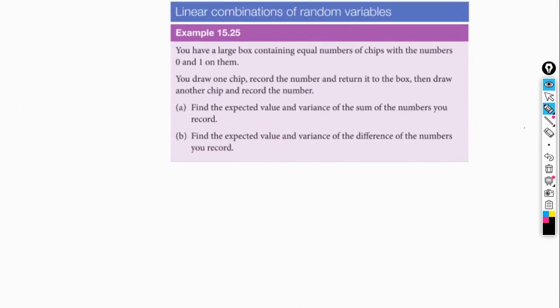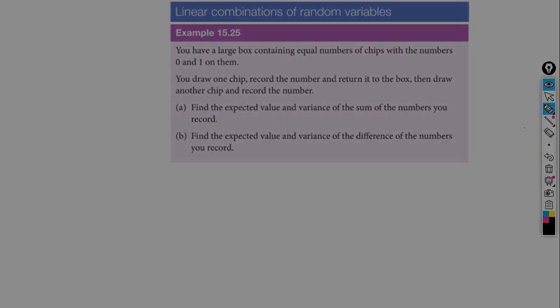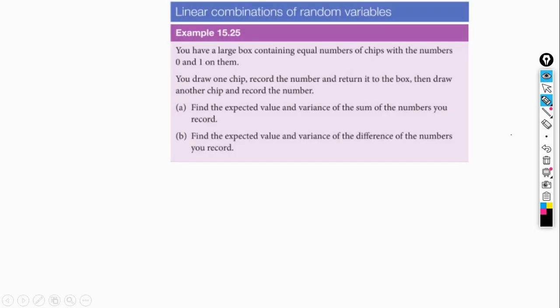So we continue with linear combinations of random variables, and we're going to take a look at example 15.25. And it says, you have a large box containing equal numbers of chips with the numbers 0 and 1 on them. You draw one chip, record the number, and return it to the box, then draw another chip and record the number.